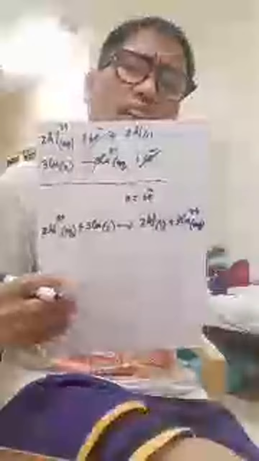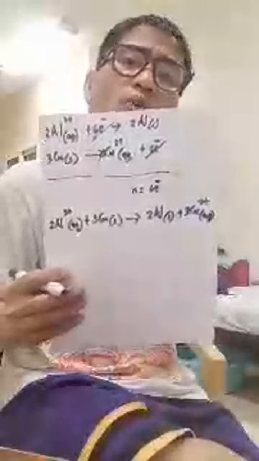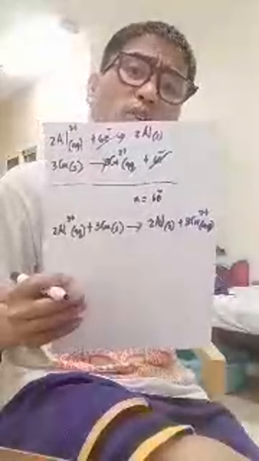So plus 3 copper solid equals 2 aluminum solid plus 3 copper 2 plus aqueous. Now, if we multiply the factor 2 in equation 1 and 3 in equation 2, balance again the chemical reaction because we have a factor already.